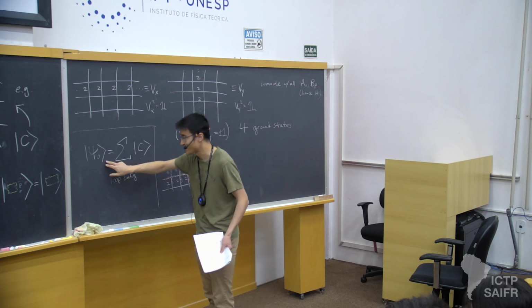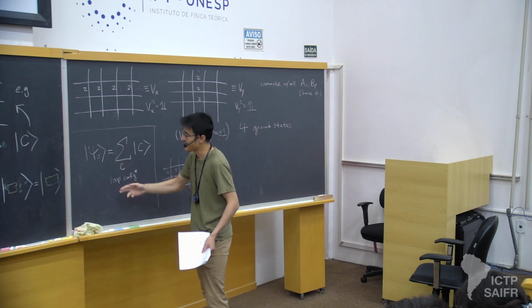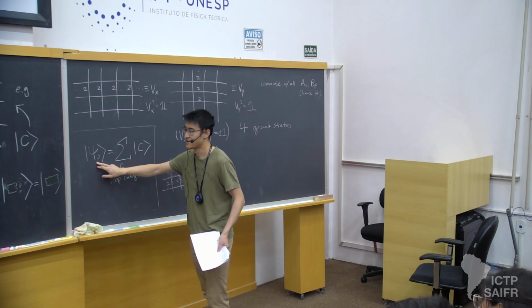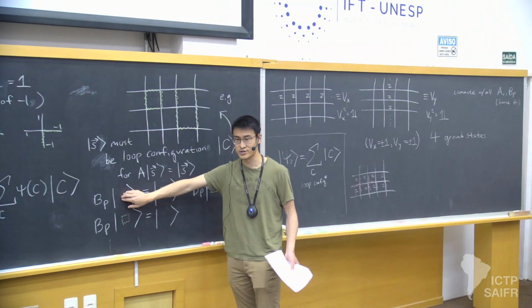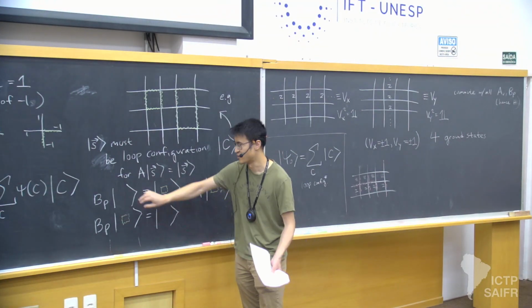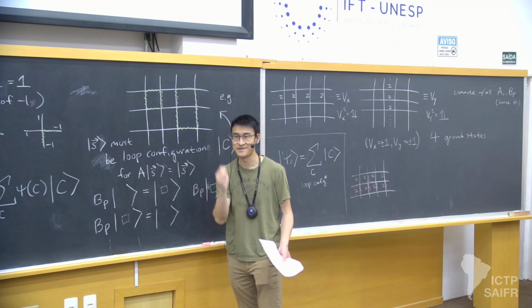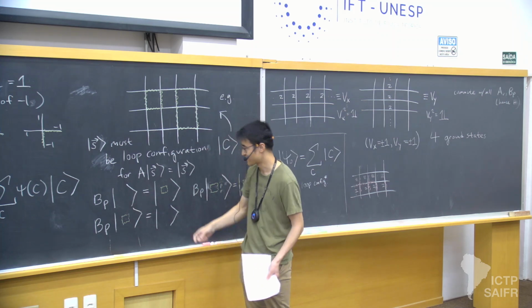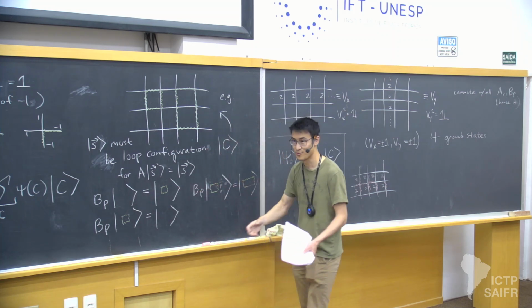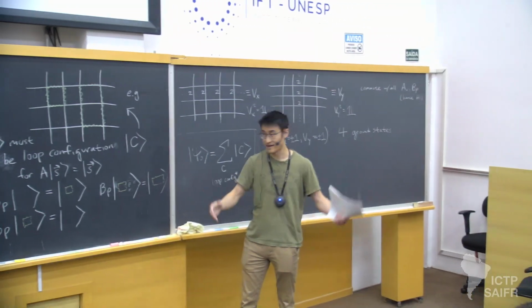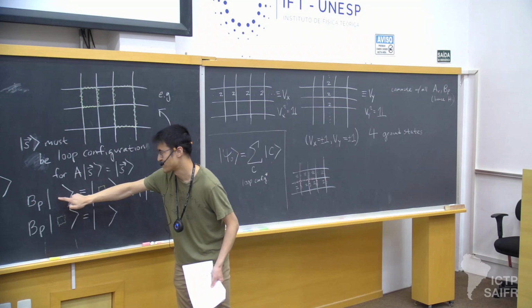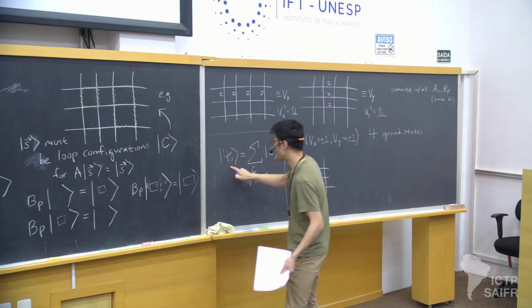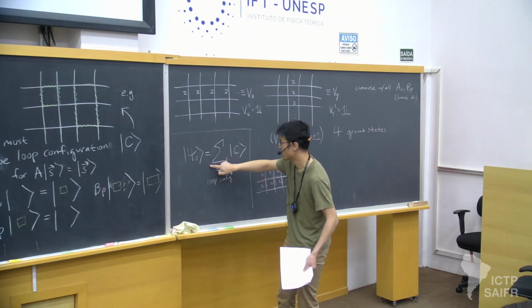Let's say I build Psi0 by starting out with the trivial configuration with no loops. Then I start hitting it with all sorts of B's. I get one loop, a bigger loop, more loops, etc. So if I start from this reference configuration with no loops, I'll build some wave function defined here.